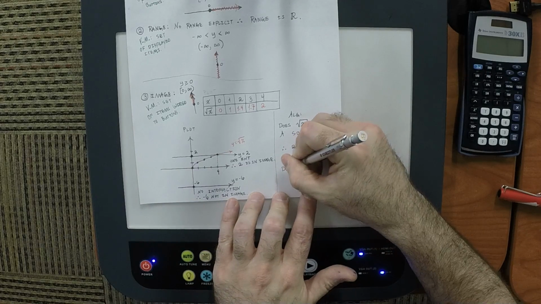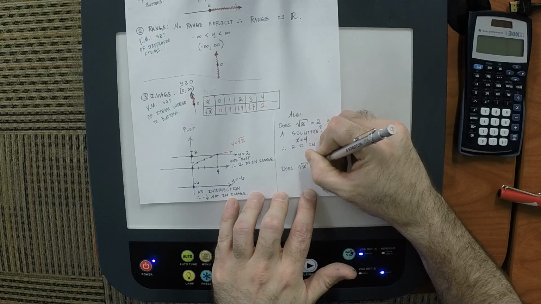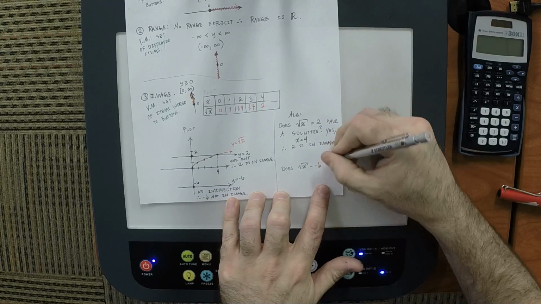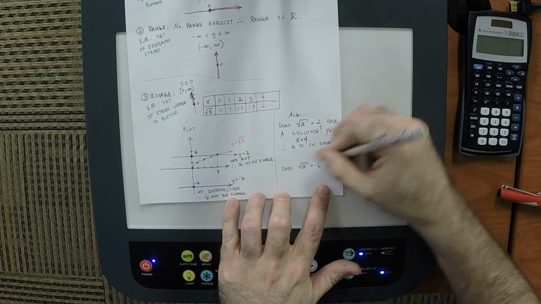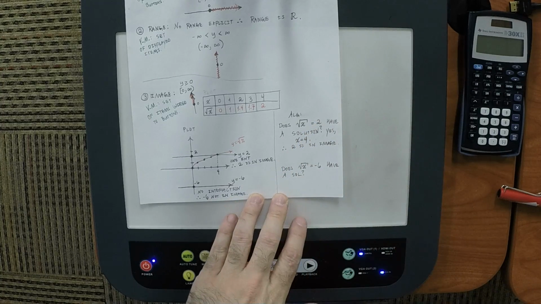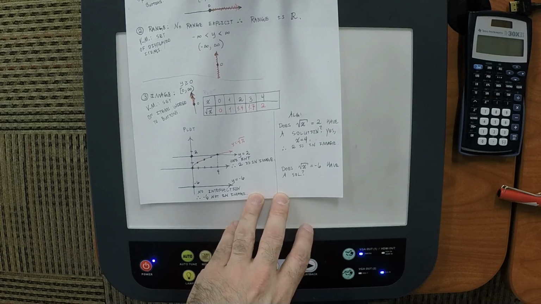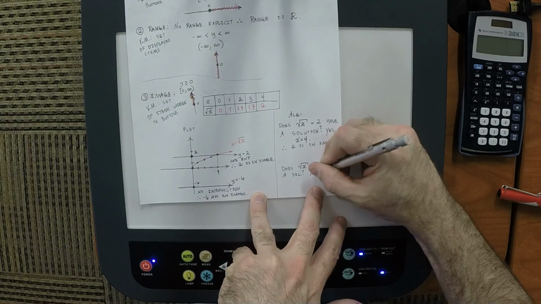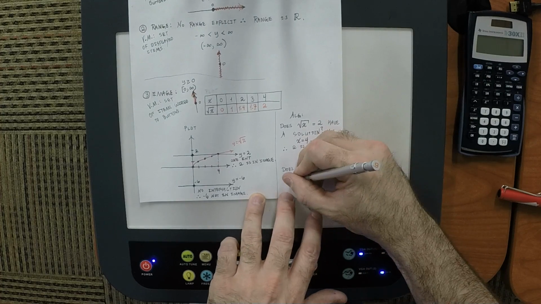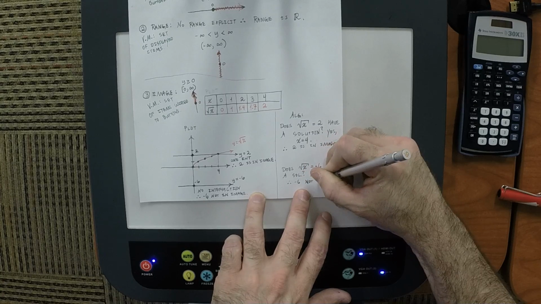Does square root of x equal -6 have a solution? This time, algebraically, the answer is no. Therefore, -6 is not in the image.